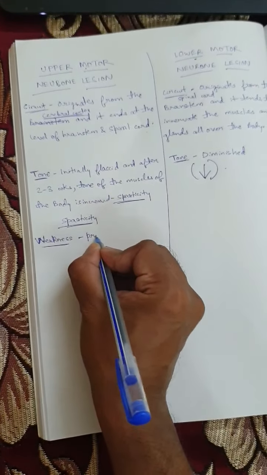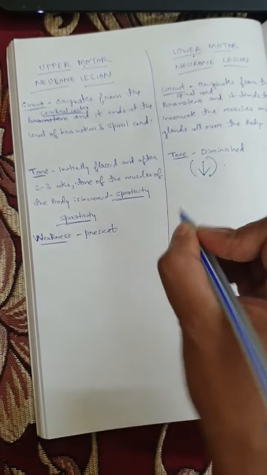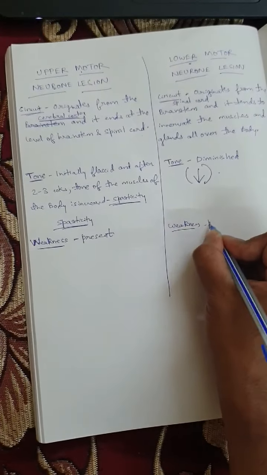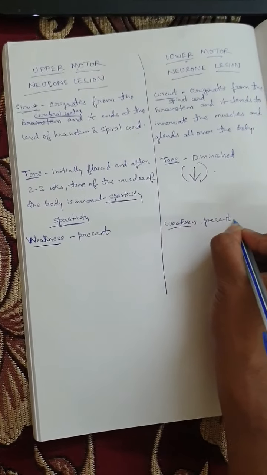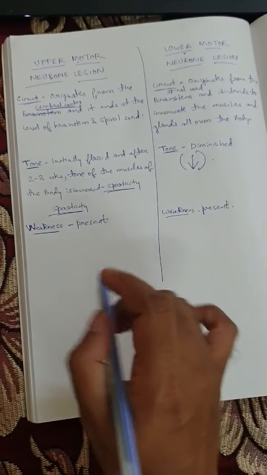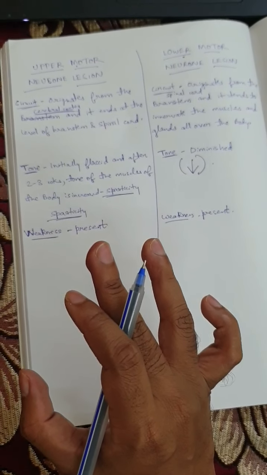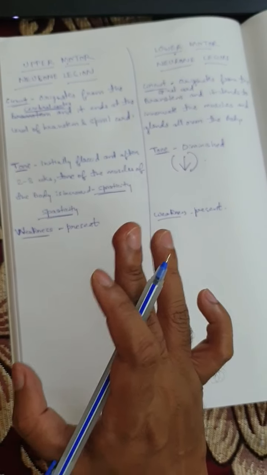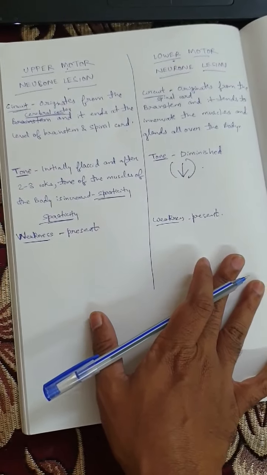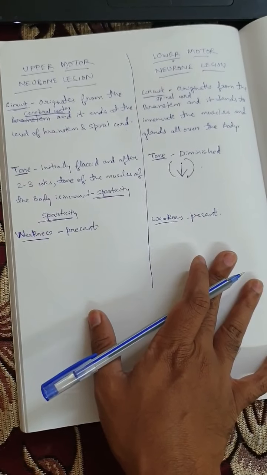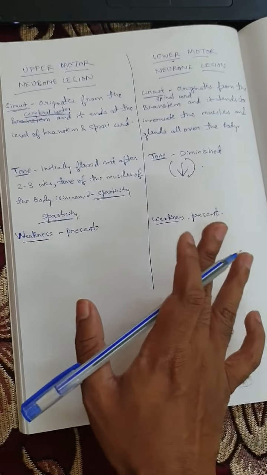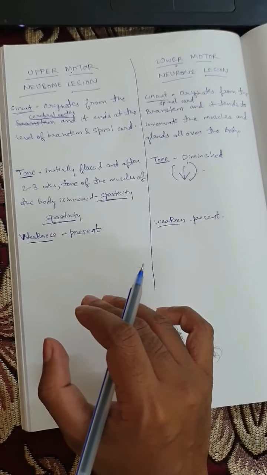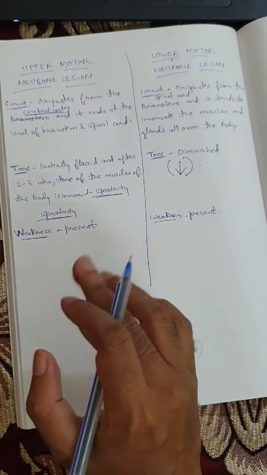Weakness is present in this case, and weakness is also present in that case. Don't be confused, because in almost every case of neurological lesion, if the motor system is hampered, weakness is a must. The other subtopics, like the tone, can become spastic or be diminished. That's a separate thing.